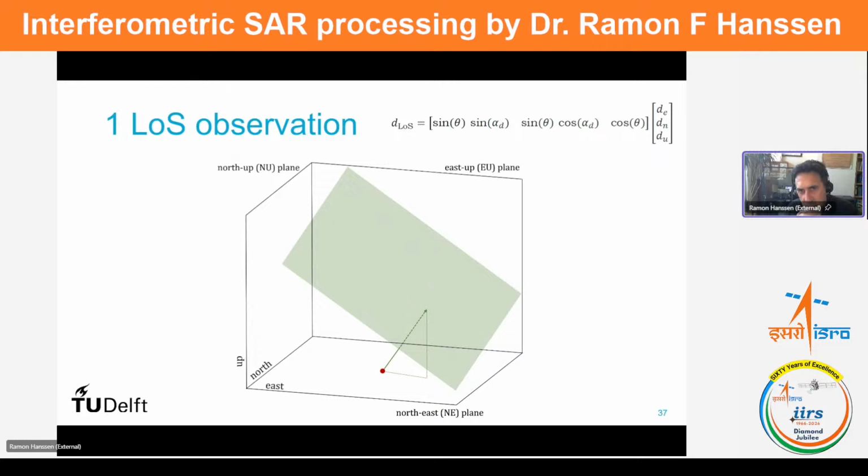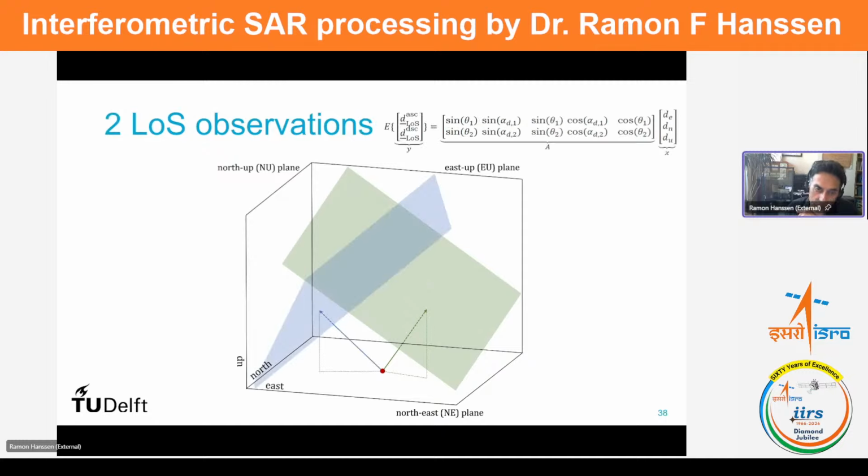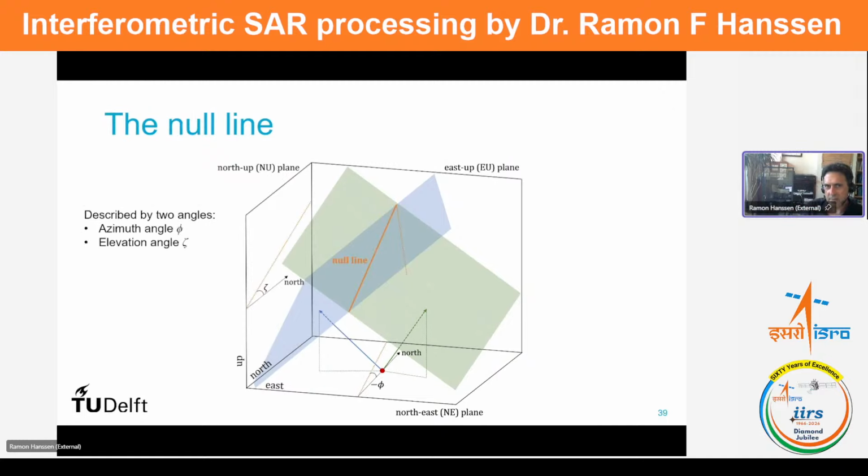We have a line of sight motion in green, and the null space is the green area over here. Now, if we have 2, also for example an ascending orbit that may observe the blue line of sight vector, and orthogonal to the blue line of sight vector is also a two-dimensional plane. Now the point is that these two planes will intersect, and the intersection will be a line, and this is what we call the null line.